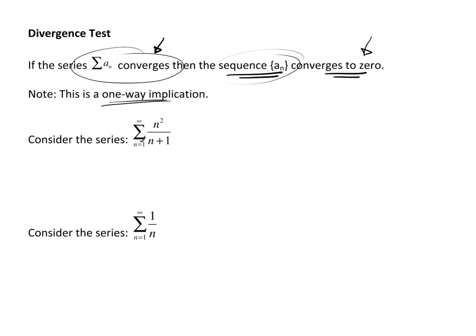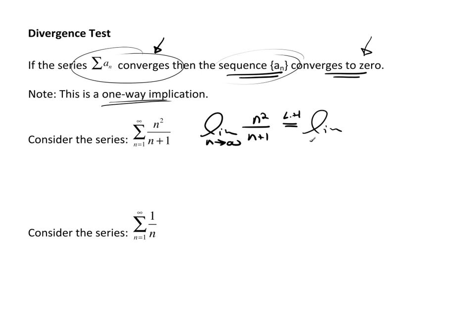First of all, suppose we're considering this series, the sum of n squared over n plus 1, and we're trying to figure out whether or not this thing converges. So what I'm going to do is take a look at the sequence. The limit as n goes to infinity of n squared over n plus 1, which obviously goes to infinity over infinity. So by L'Hopital's rule, whoops, forgot my limit.